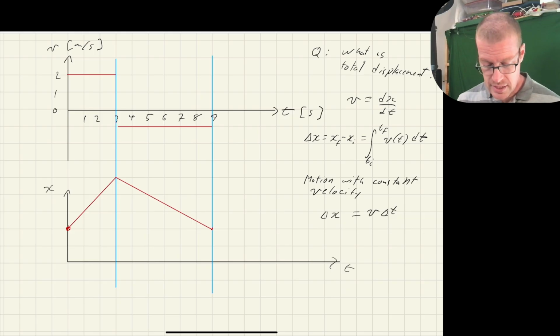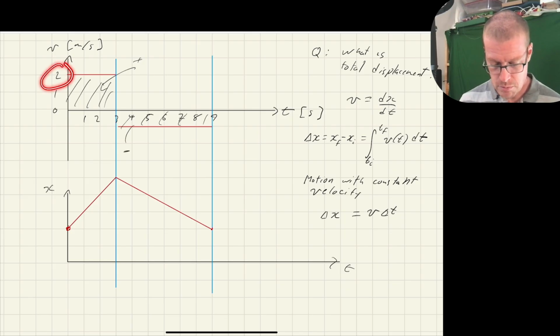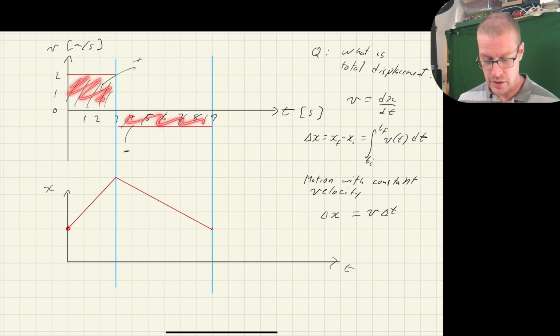So to get the total displacement, I have to find the area under this curve. And the rule is I need to take the positive of this and the negative of this, right? This is moving in the positive direction. This is moving in the negative direction. So I move forward here, I move backwards there.